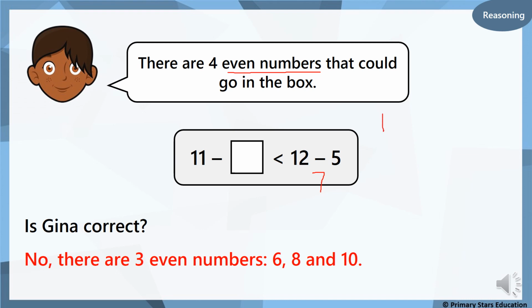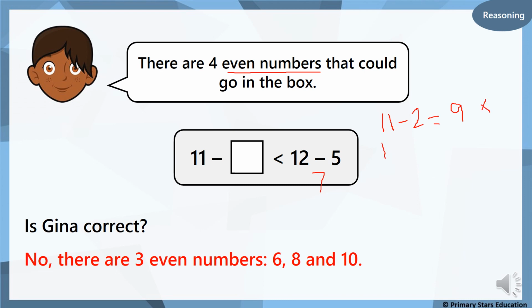So I would start with, okay, what's 11? What's the first even number I know? 2. 11 take away 2 is 9. Does that make 11 take away 2 smaller or less than 12 take away 5? No, so it can't be that.